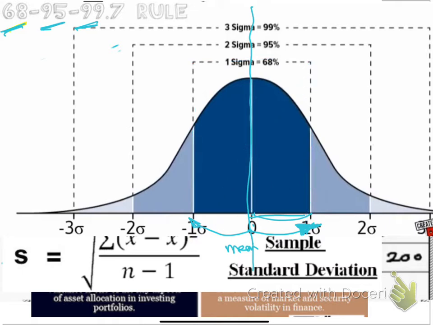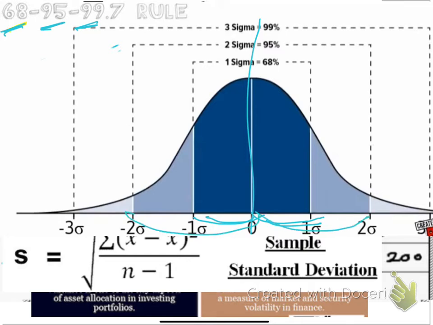Instead of 1 sigma from this side and 1 sigma from the other side, we call it 0, plus 1 sigma, minus 1 sigma, plus 2 sigma, minus 2 sigma, plus 3 sigma, minus 3 sigma. If I move 1 sigma from each side, the percentage represented is 68.